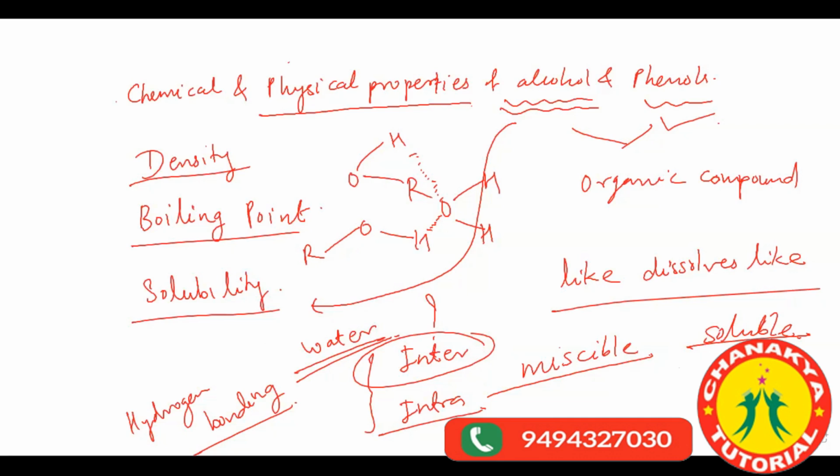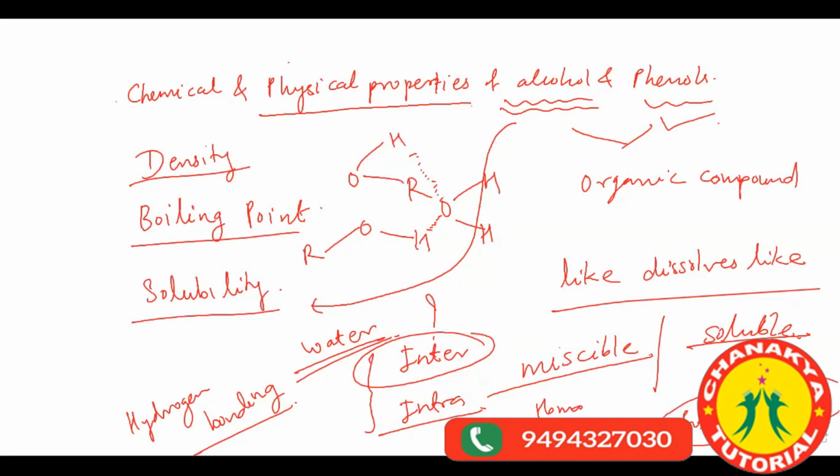Both are homogeneous mixtures. Whenever I say something is soluble in something, that is also a homogeneous mixture, and when I say something is miscible in something, that is also a homogeneous mixture. The basic difference is in the states of matter. When a solid gets dissolved into a liquid, you say it is soluble in that solvent.